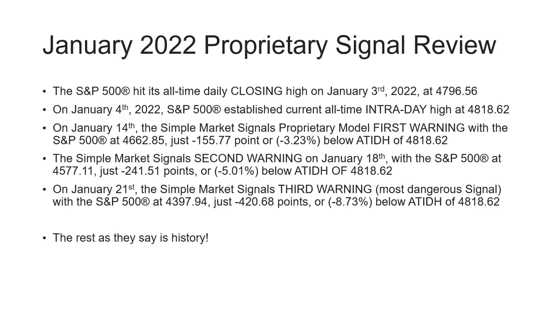And yet, this model in January gave us three warnings, one at 3.23% below the all-time intraday high, one at 5.01% below the all-time intraday high, and then the third warning, still in January, on January 21st, guys, came out, so just 17 calendar days after the all-time intraday high, with the S&P 500 down less than 9% from its all-time intraday high. Our model told us that things were not right.